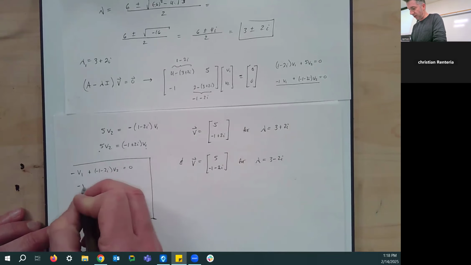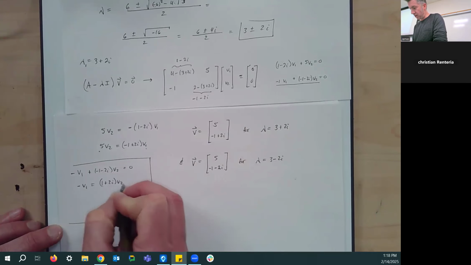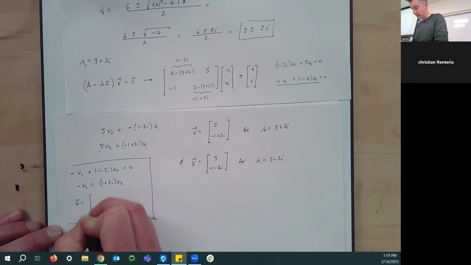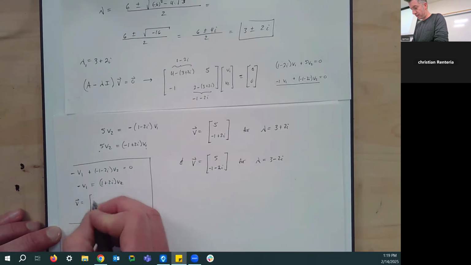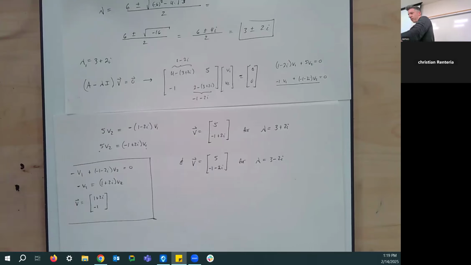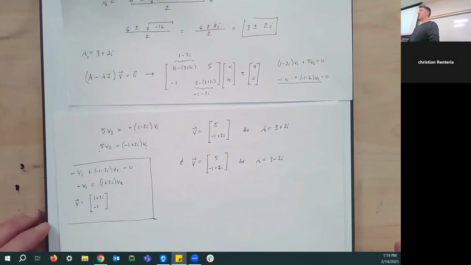So I have negative v1 equal to (1 plus 2i) times v2. The eigenvector I would write now is going to look different for a moment. My v2 is going to be negative 1, and my v1 is going to be 1 plus 2i. Do those eigenvectors look the same right now?